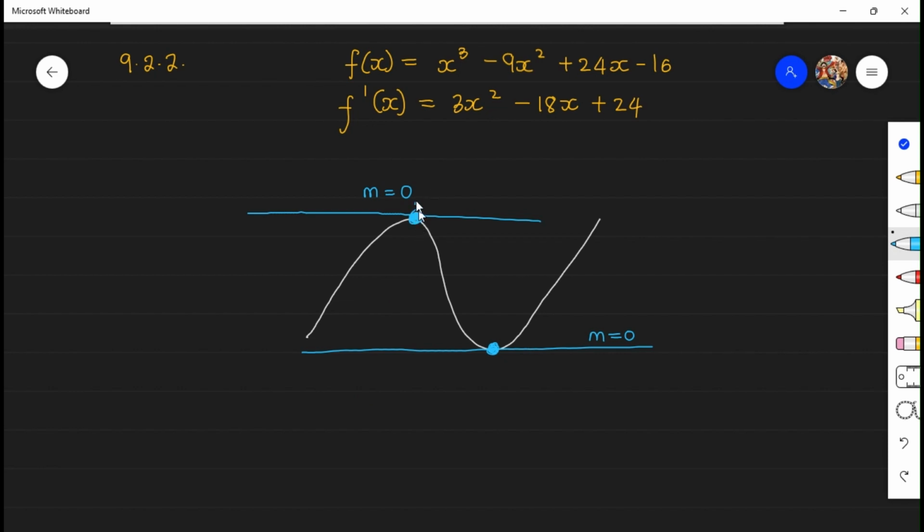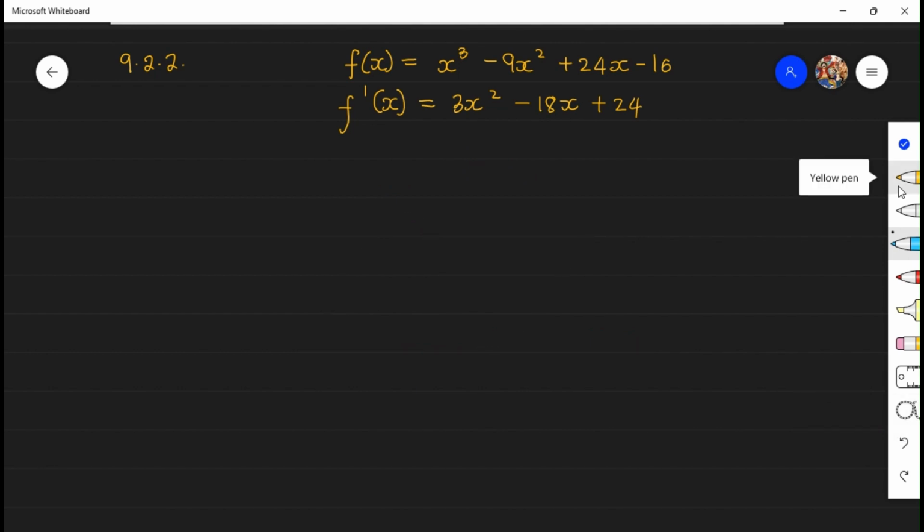And that means that the gradient of the curve or of the cubic function at that stationary point would be 0. Something else to take note of is that f prime represents the gradient. So keep that in mind. So we are basically substituting f prime of x, which is the gradient, as 0 because the gradient at the stationary point is 0. So we now have 3x squared minus 18x plus 24 equals 0.